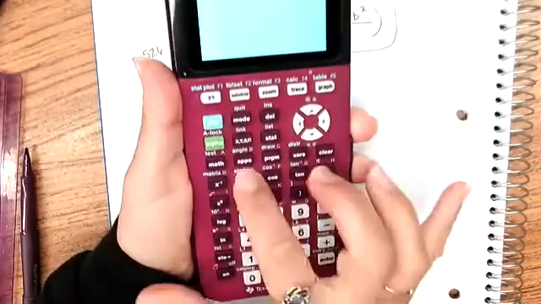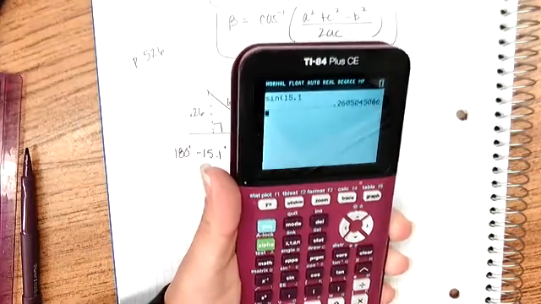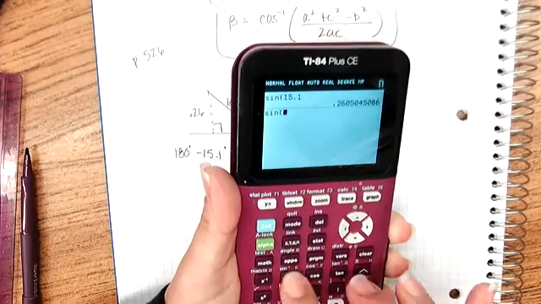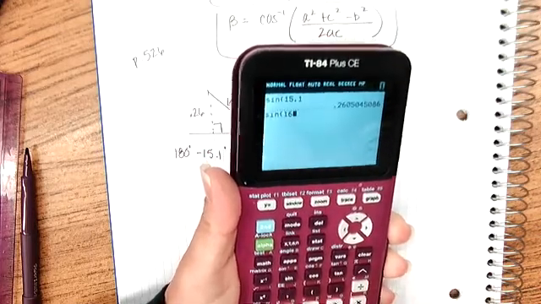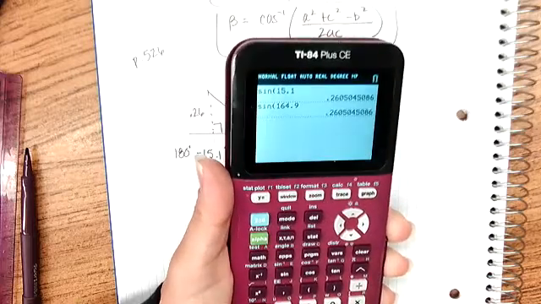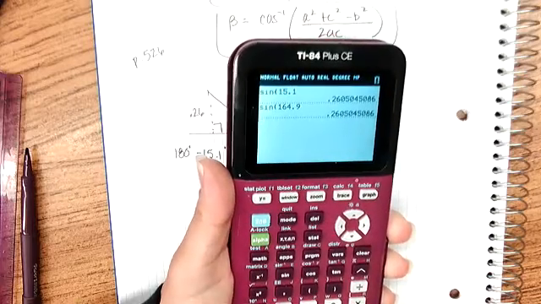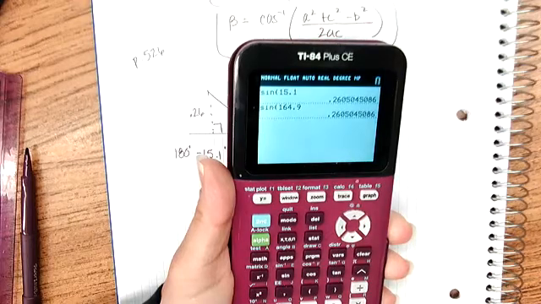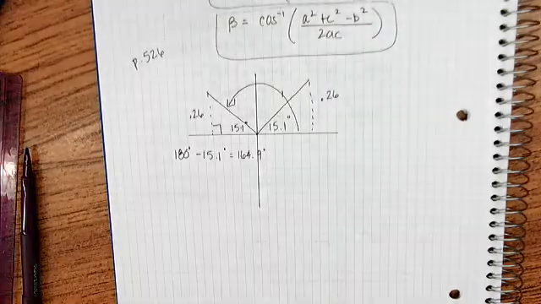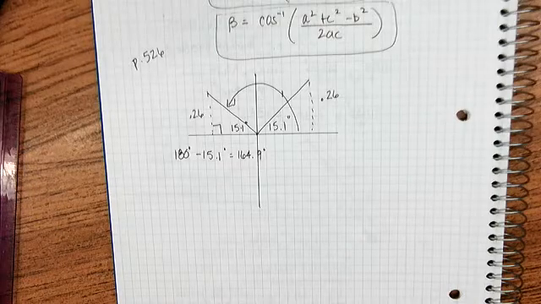But if you do the sine of 15.1, there you go, approximately 0.26. And if you do the sine of 164.9, you also get 0.26-ish. Notice that they're exactly the same. So there are two angles that have a sine of 0.26. Let's keep that in mind as I'm doing the next example.